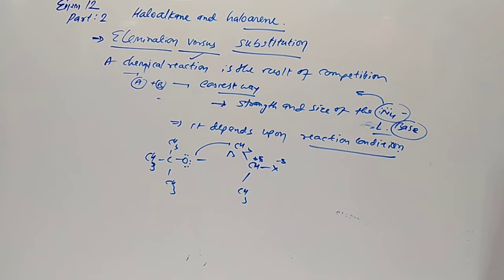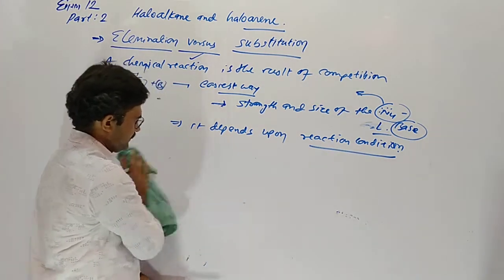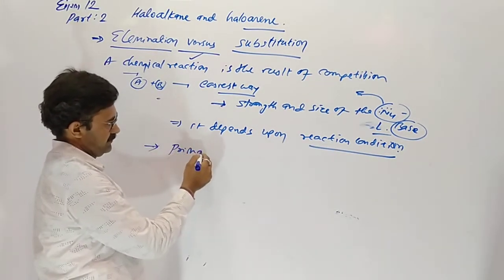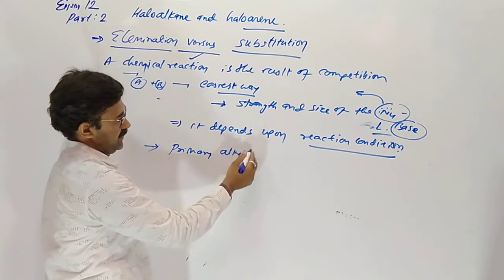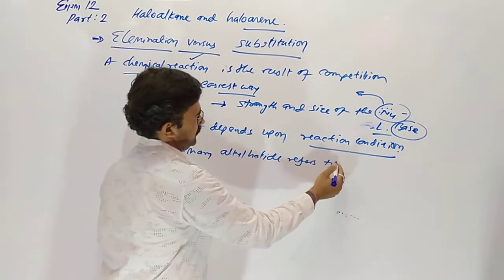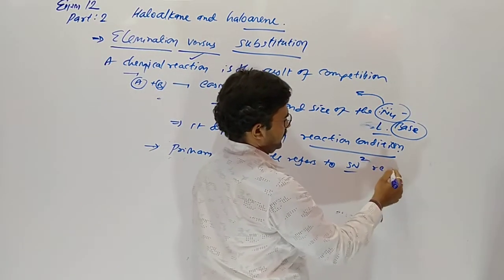And primary alkyl halide will prefer the SN2 reaction. Now listen. If our alkyl halide is primary, it prefers SN2 reaction.